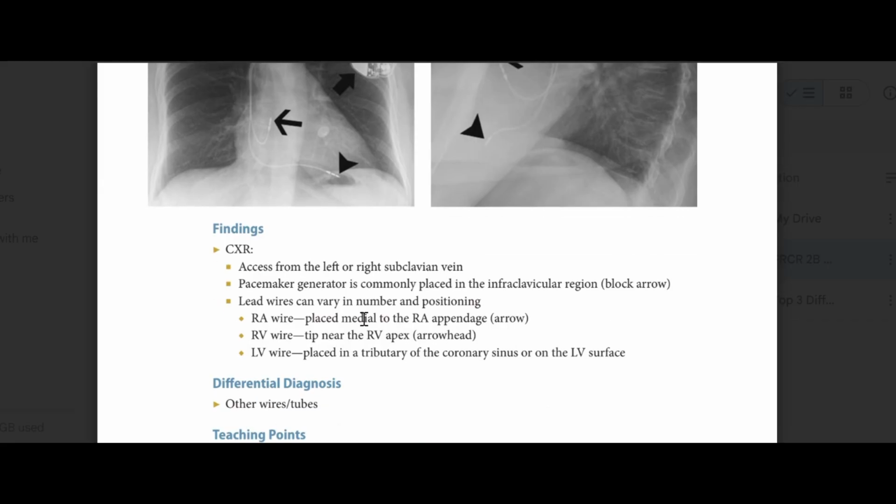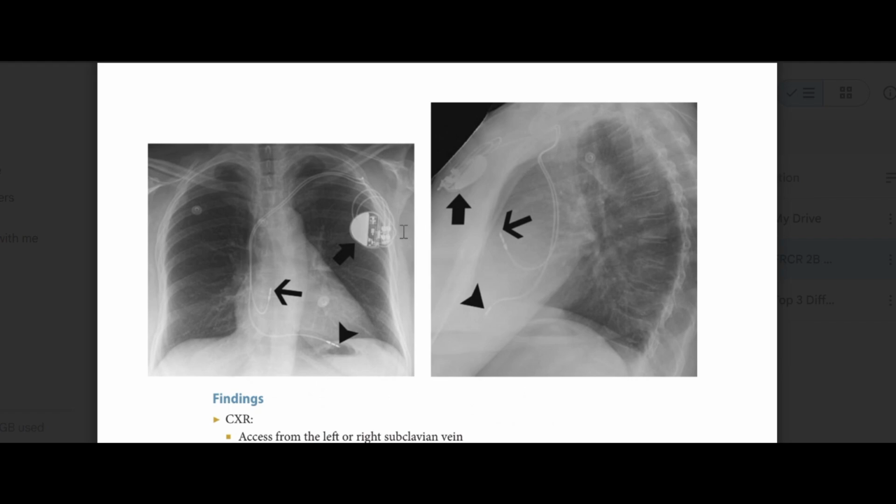Lead wires may vary in number and position, but we have right atrial wire, right ventricular wire, left ventricular wire. So we have 3 wires for the pacemaker.